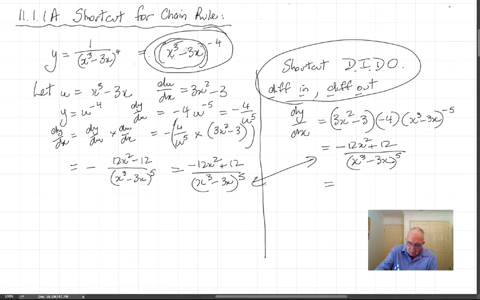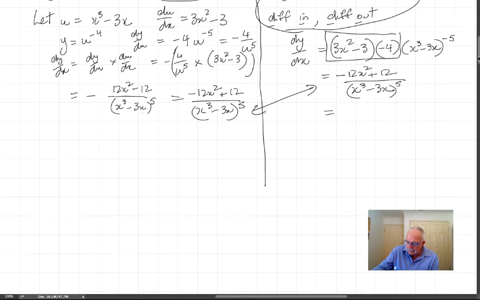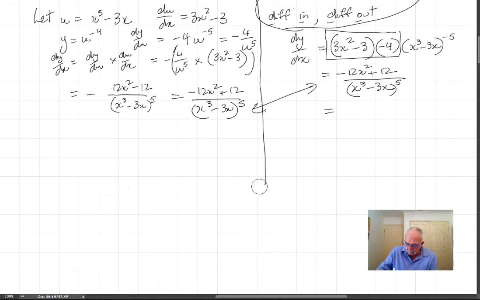Well, it's -4 something to the -5. Take 1 off, and we get that there. So that's how we get that. And then we can combine these two together. We can't combine that. That's to the -5, so it's got to come downstairs to the +5. And we just multiply out -4 times that.